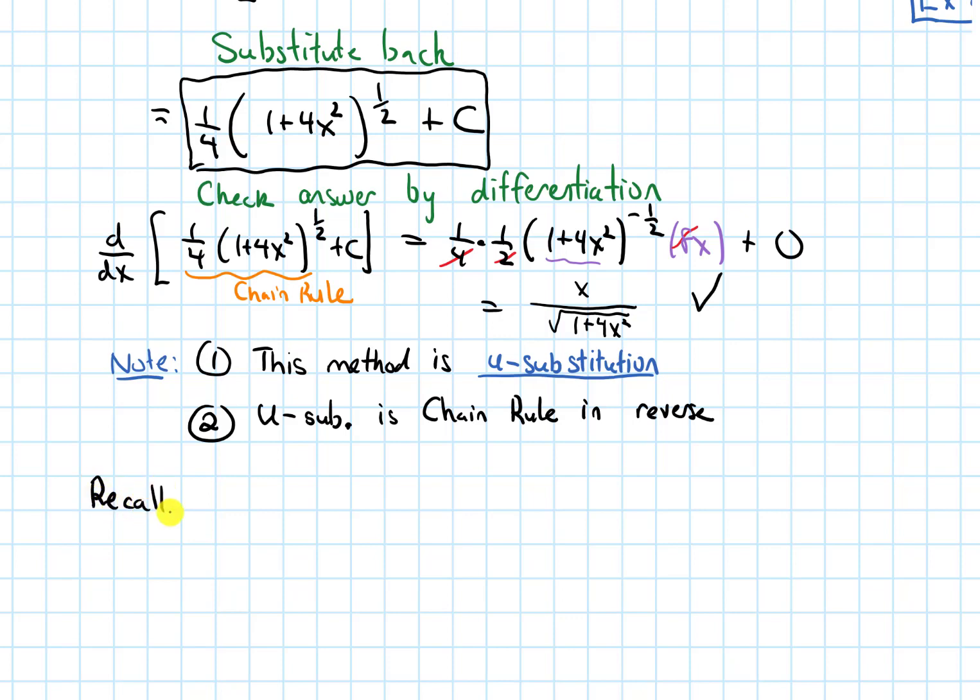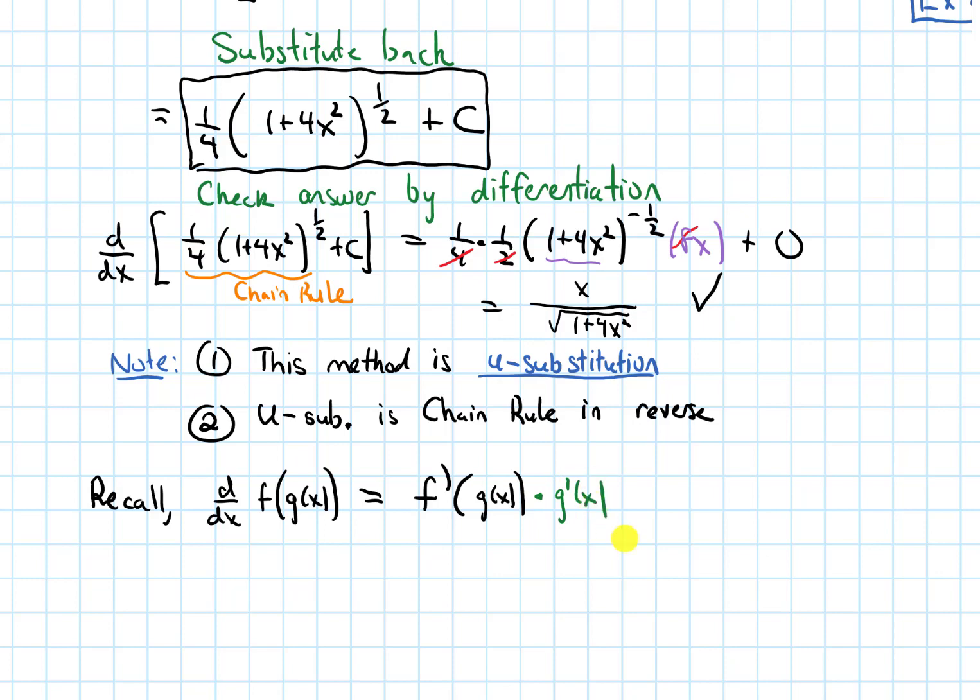Recall that with the chain rule, we're taking the derivative, d dx, of f of g of x, a function inside of another function. The chain rule says, take the derivative of the outside, f prime, but keep plugging the same inside thing in, g of x, but then multiply that by the derivative of the inside, g prime of x.